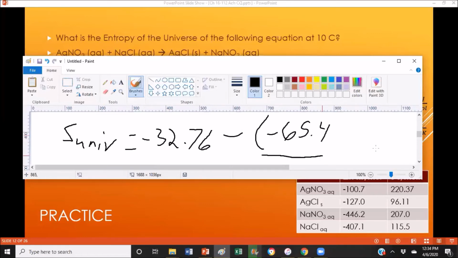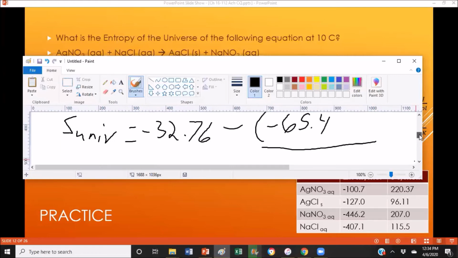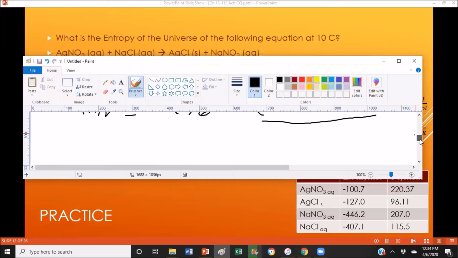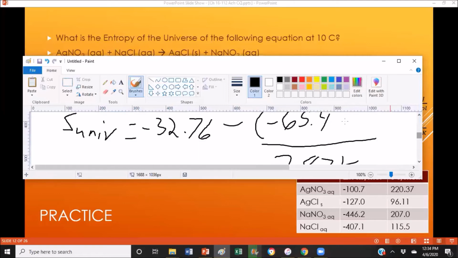Now, in order for these to be in the same units, that's 32.76 joules per mole Kelvin, so our temperature has to be in Kelvin. So 273 plus 10 is 283 Kelvin. But because the units have to be the same, kilojoules need to be converted into joules.